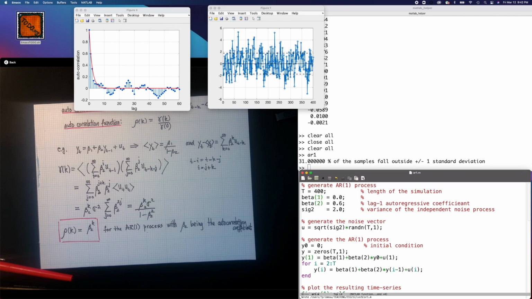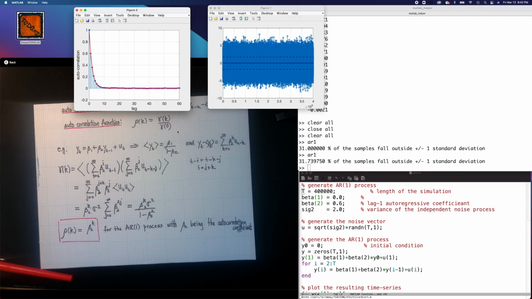That's because our time series is only 400 units long, and so there aren't very many realizations of lags of 20 or more. But if I made the time series longer, then they're much smaller, because now we have many realizations and we get a much more robust average of the autocorrelation at the longer lags.